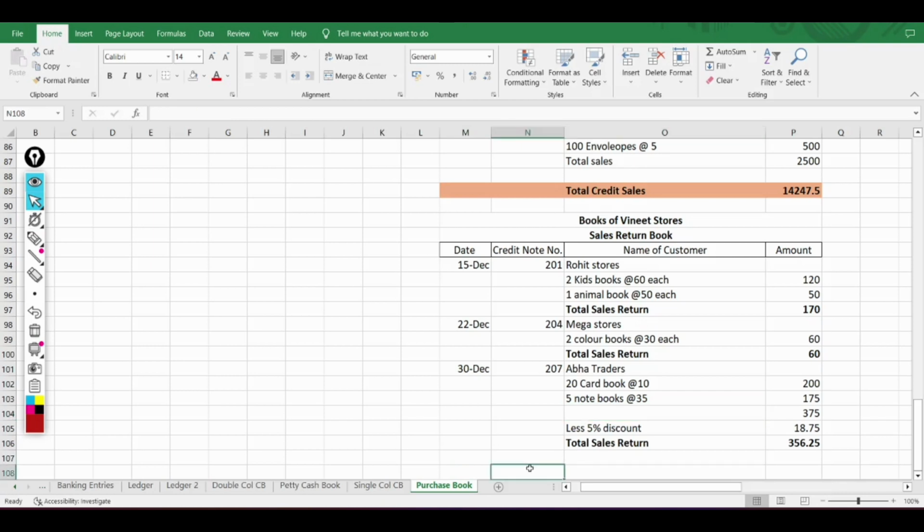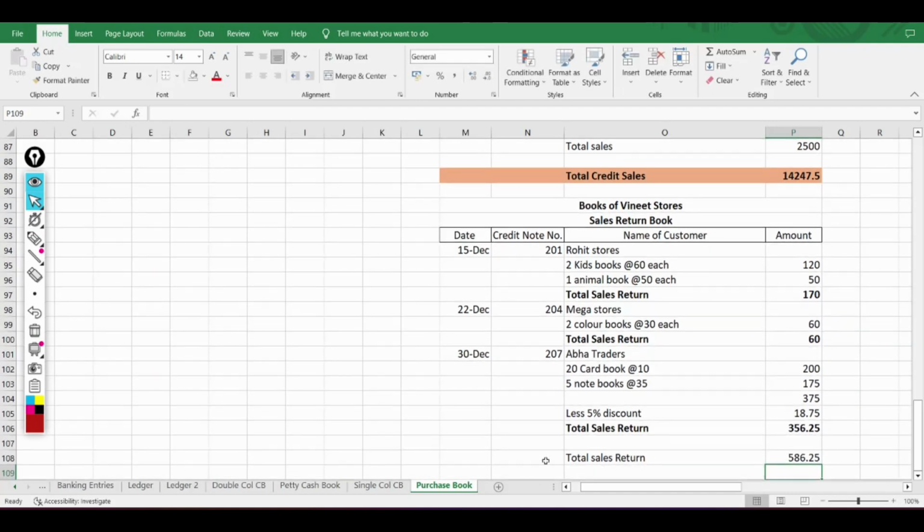So here our total sales returns will be 170 rupees plus 60 rupees and 356.25 rupees, that is 586.25 rupees.